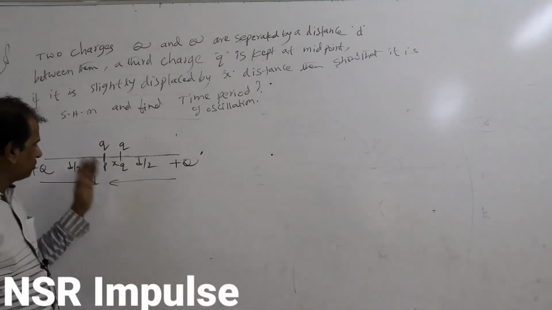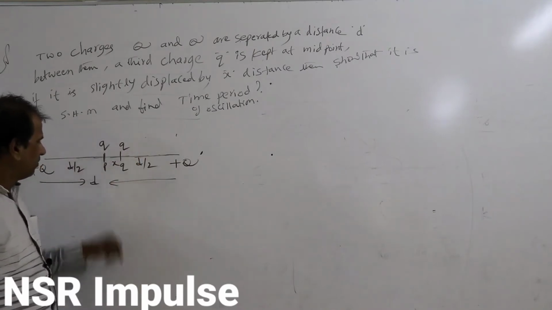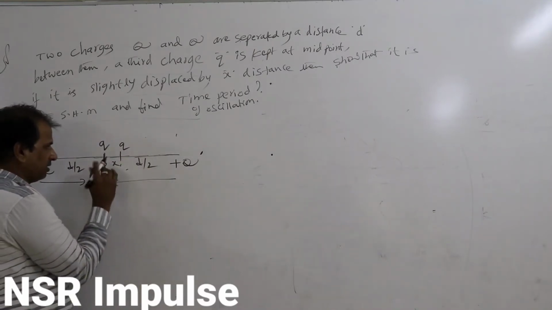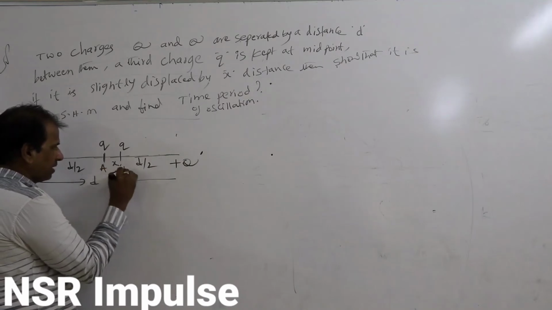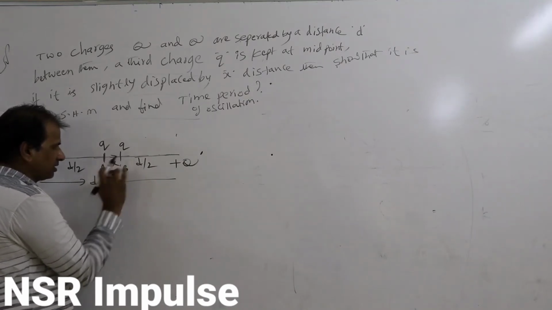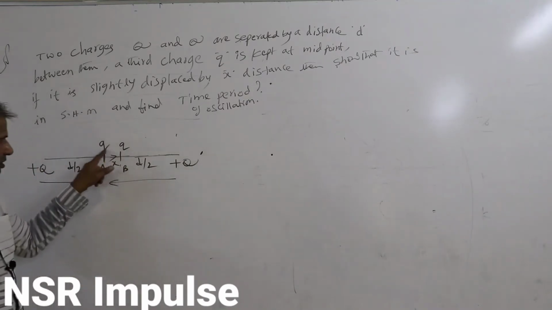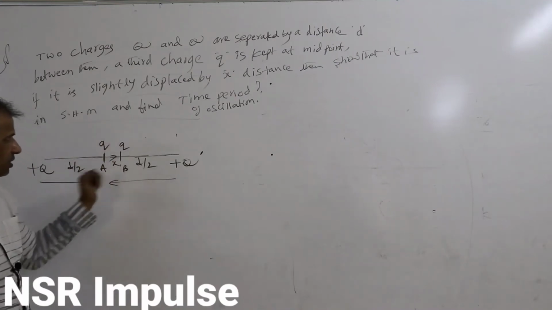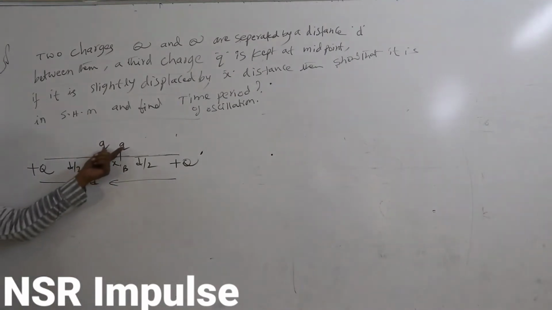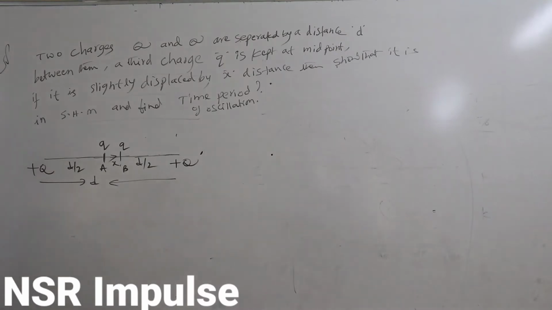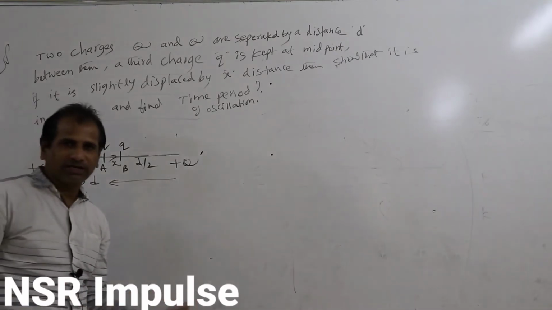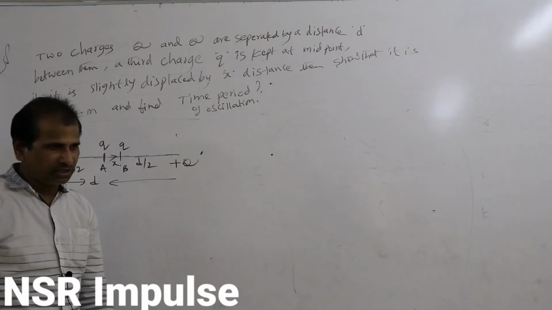Let us take this direction as A and B. The third charge is slightly displaced from A to B. Then show that this charge is in simple harmonic motion, and we have to find its time period of oscillation.